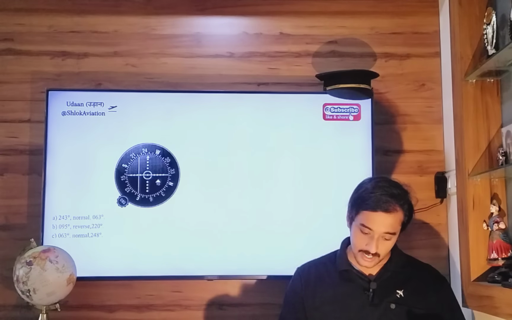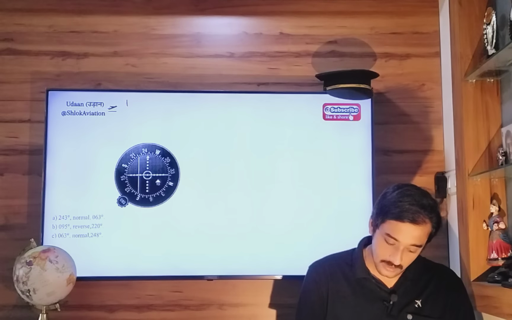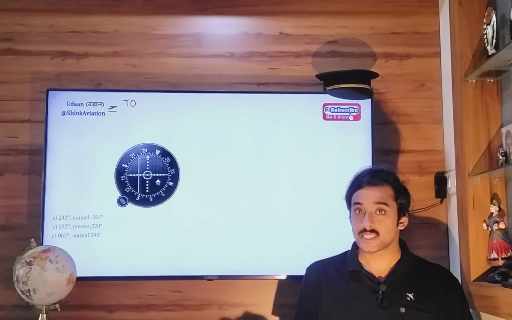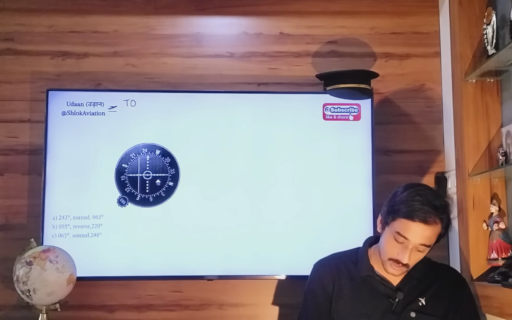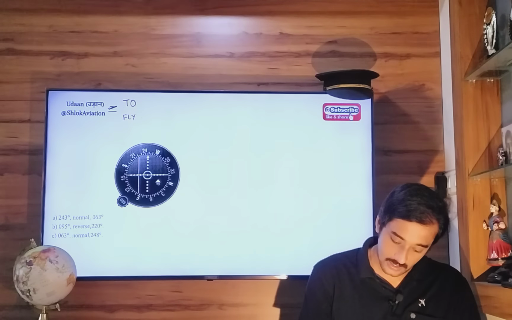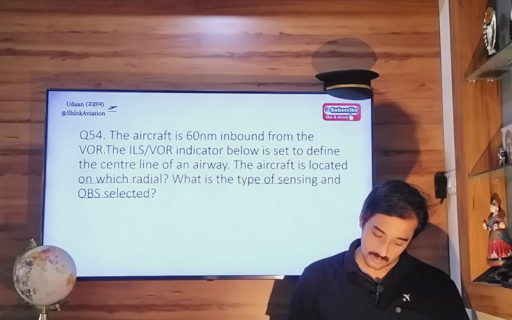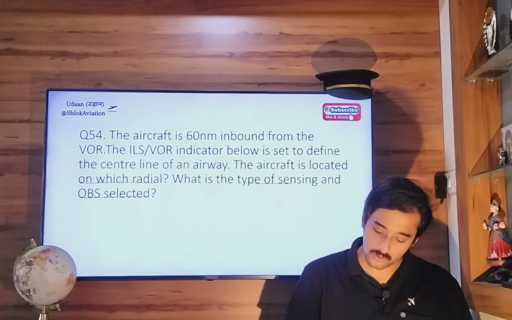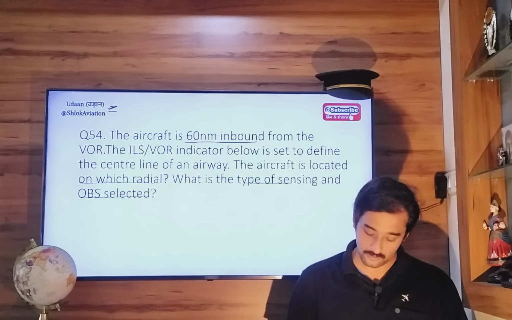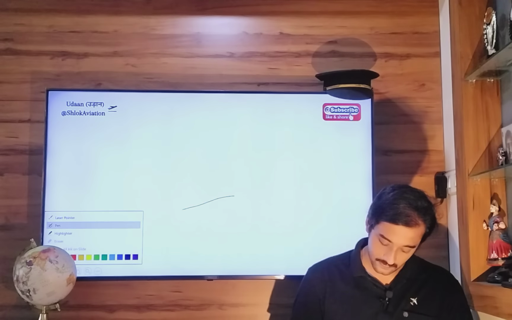If you look at this diagram or picture, you will see you are getting a TO indication. The CDI needle is telling you to fly left. You are getting a fly left indication, and you are flying inbound 60 nautical miles from the VOR. So let's say this is your VOR station.